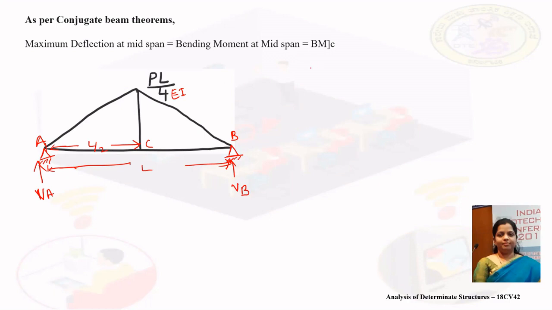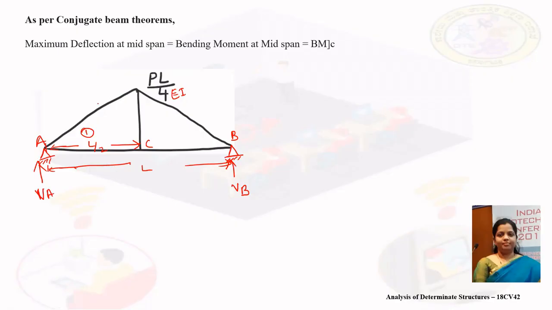So in order to calculate bending moment, I will consider half of the portion of the triangle since M by EI diagram is symmetrical. So the load of this triangle is considered as W1, which is acting at the point CG, and the distance between CG and the point C is X1.